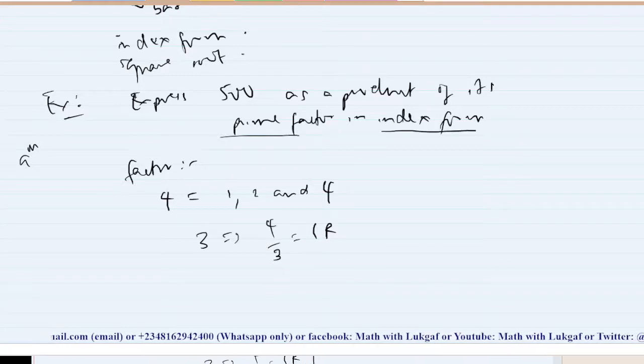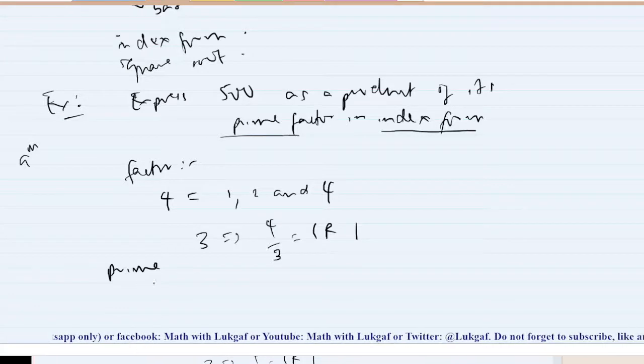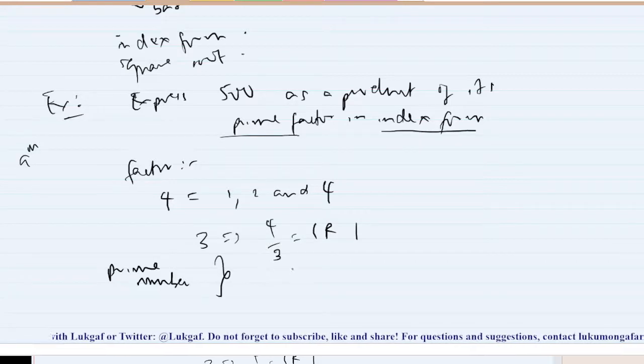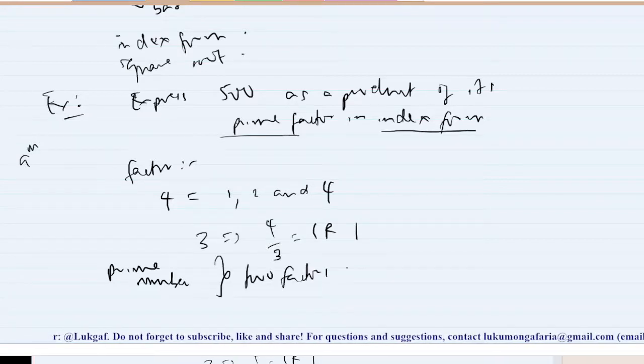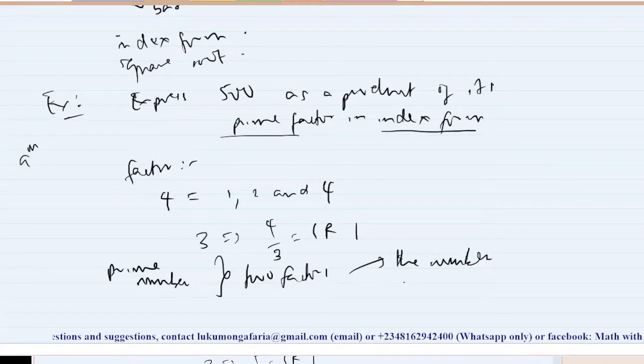Also, we have something called a prime number. Let me remind you. Prime numbers are those numbers having how many factors? 2 factors. That is, the number itself and 1. You understand now?